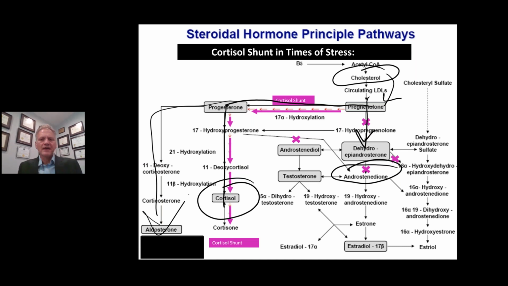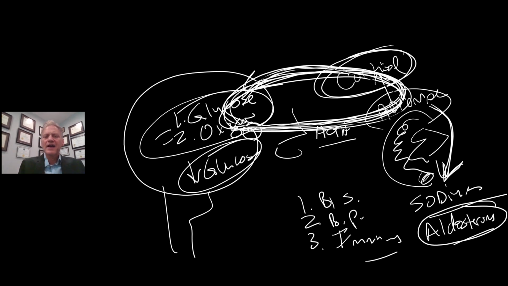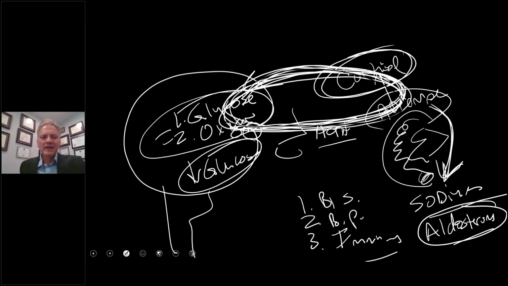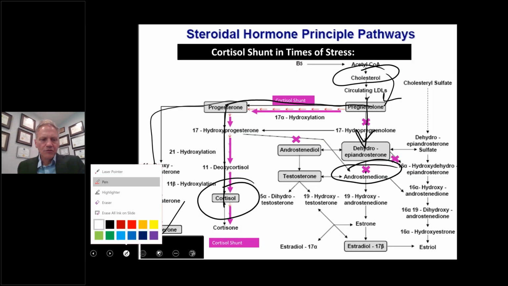So when cholesterol goes to the adrenals and makes pregnenolone, you're going to get one of three products. You're either going to get your androstenediones, your sex hormones, or a production of cortisol, or a production of aldosterone. Now, if you go down this pathway so many times and you're cooking out that cortisol at that level, you will begin to create what's called a cortisol shunt, and that cortisol shunt will do this.